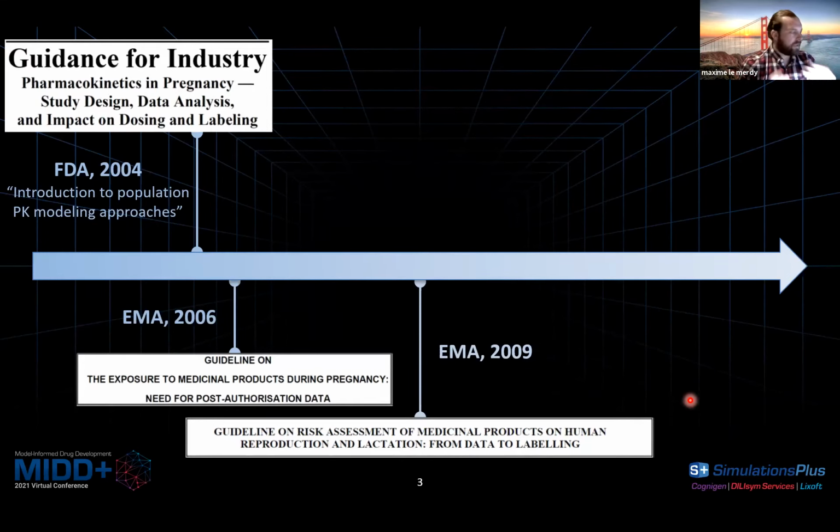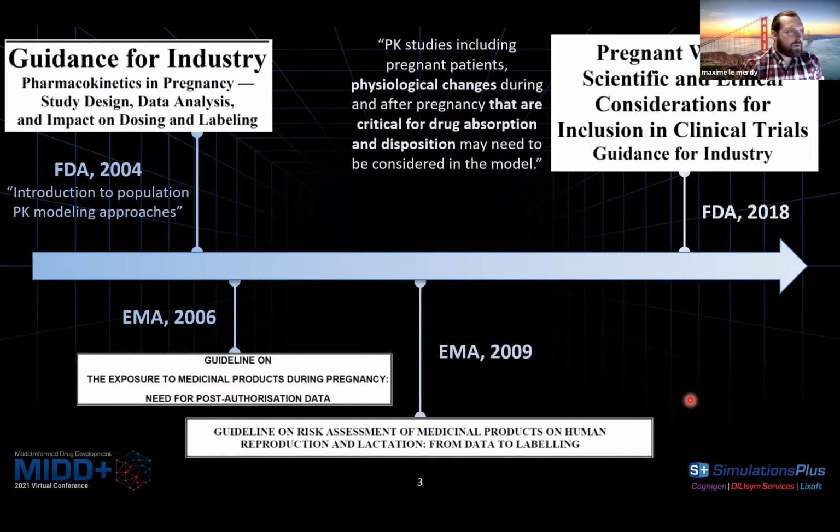And then after roughly a 10-year gap in any guidance creation, in 2018, the FDA published a new guidance entitled Pregnant Women, Scientific and Ethical Considerations for Inclusion in Clinical Trials. That guidance is pretty complete. It is taking all of the knowledge that has been published by those authorities over the last 20 years.